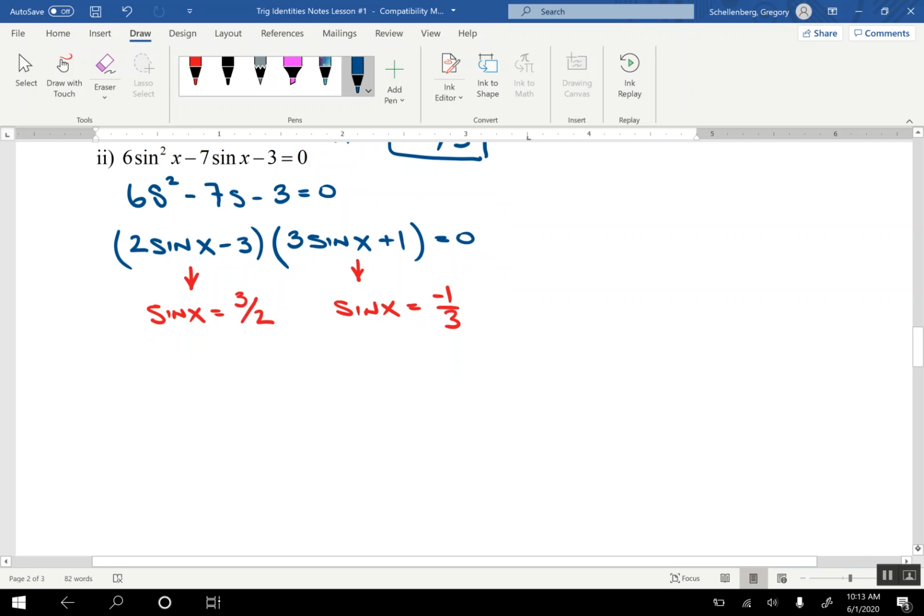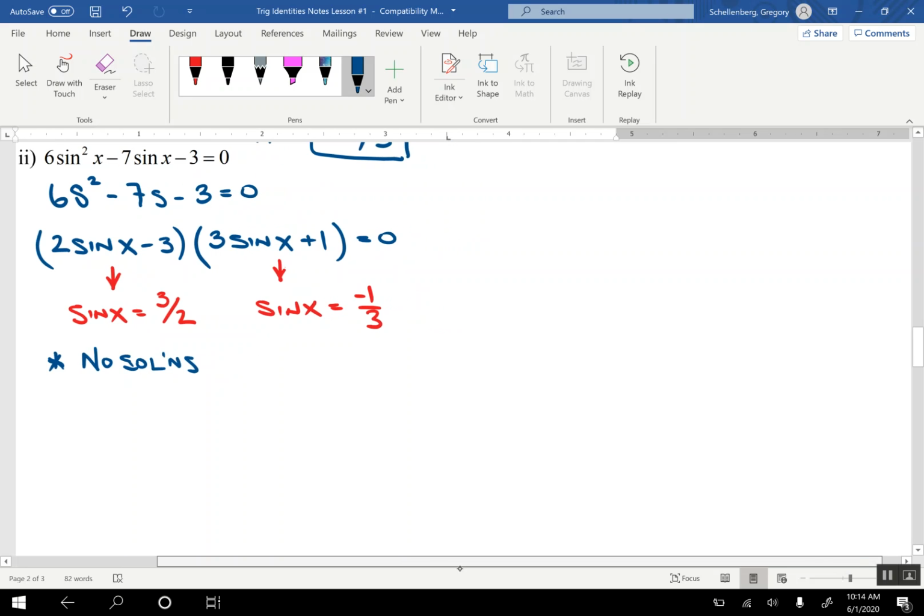Let's remember back to the very beginning of this lesson, and remember that the max value of sine is 1. So there's never a value of x that is equal to 3 over 2. So we're going to get no solutions from this little mini equation. No solutions. But we will look at this other one.